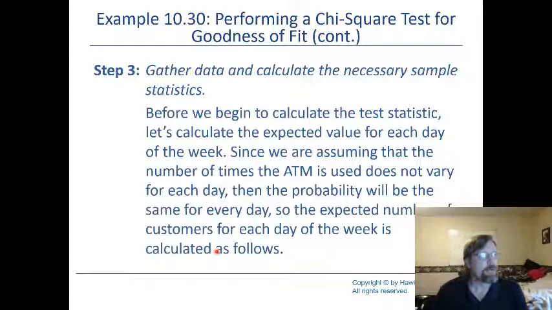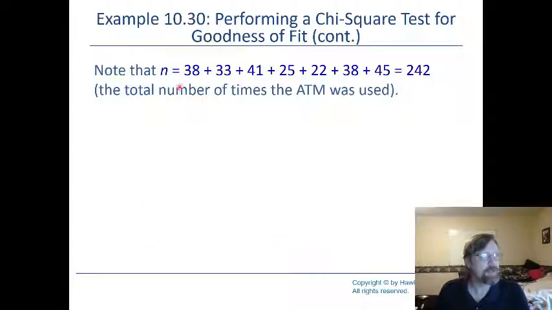We need to first get the expected value for each day of the week. Since we're assuming that it does not vary each day, the probability should be the same for every day. So we could just add up the total number of customers that used it during the week and divide that by the number of days of the week.